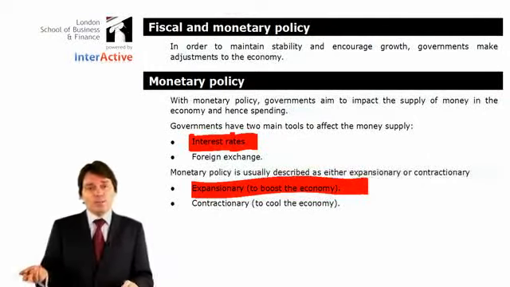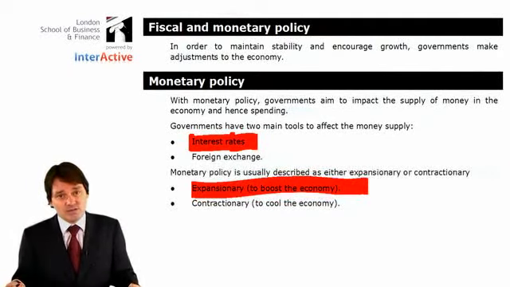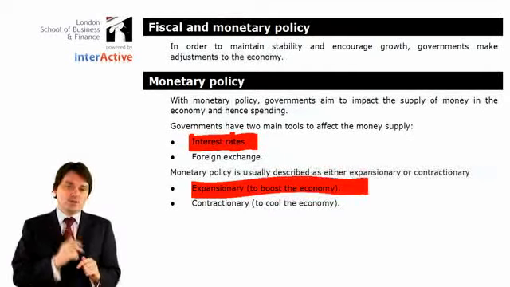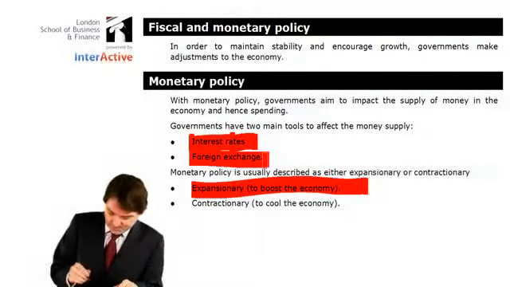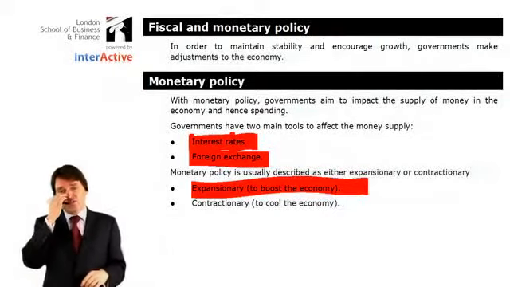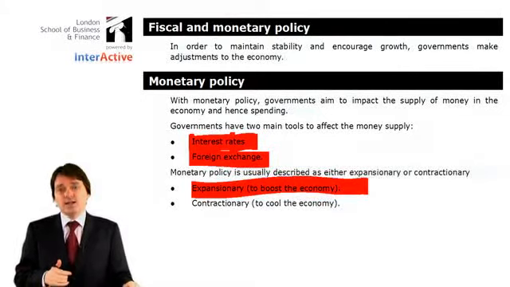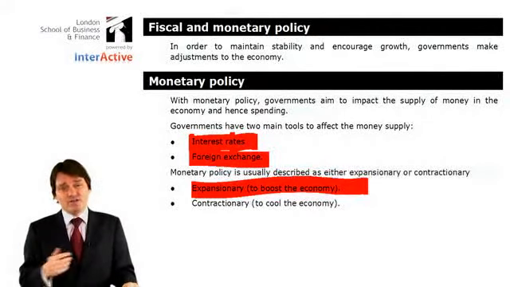Similarly, if you want people to stop spending as much money, perhaps because there is inflation, and you don't want people to be buying as much stuff, then you put interest rates up. That's the idea. Foreign exchange policy. Again, if we have a lot of buying and selling with overseas countries, if, for example, the pound is very strong, it means that imports are very cheap.